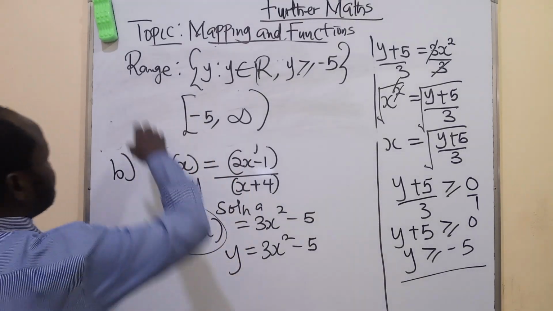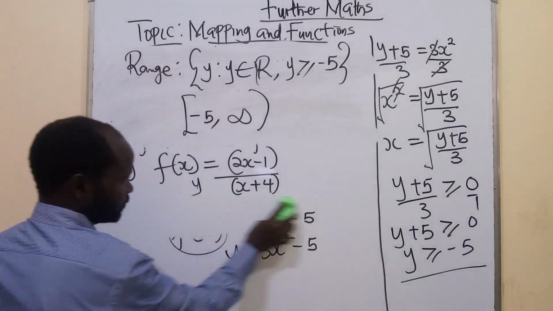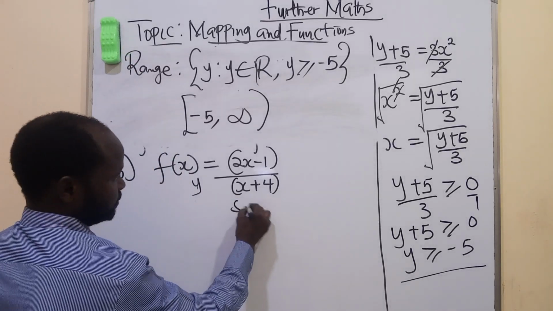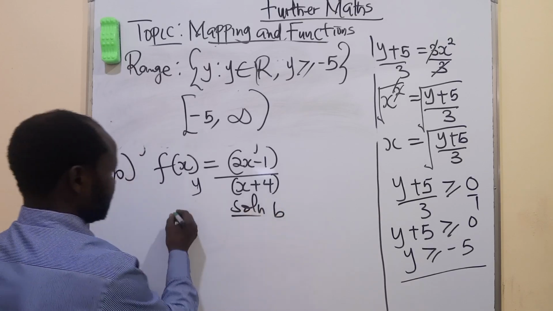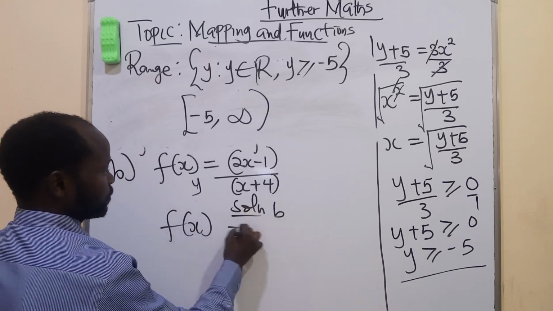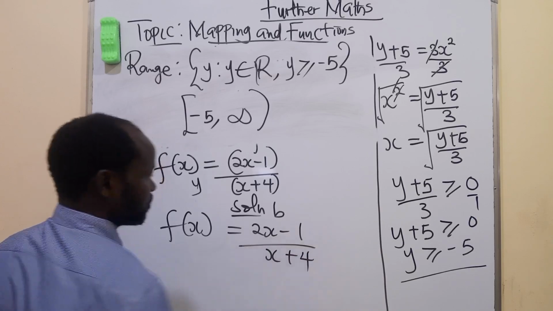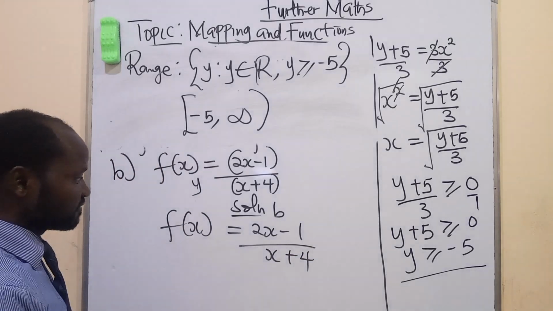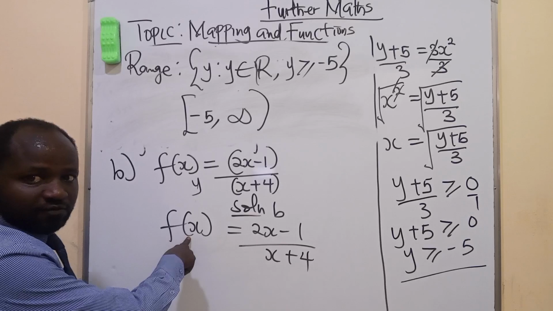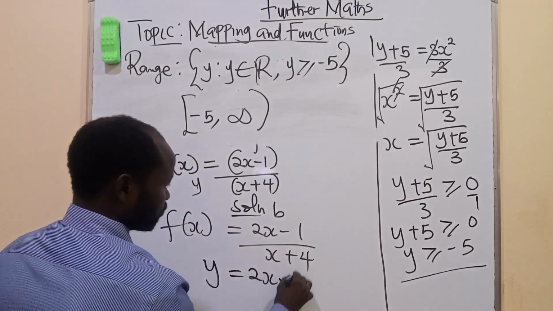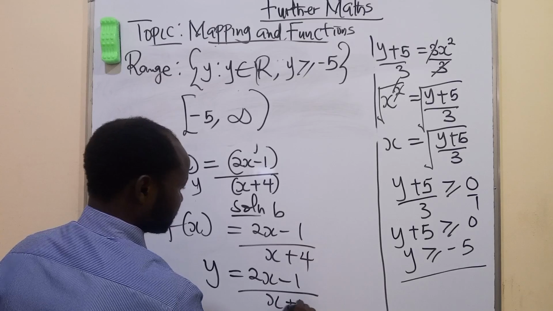Let's move to the second question. Solution to B. We have f of x equals 2x minus 1 divided by x plus 4. We are asked to state the range of this function. Y is a function of x, so y equals 2x minus 1 divided by x plus 4.